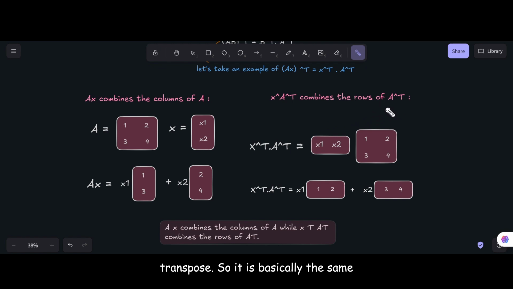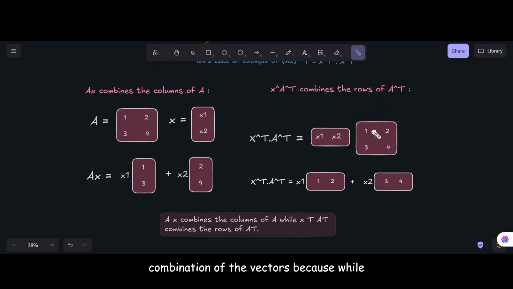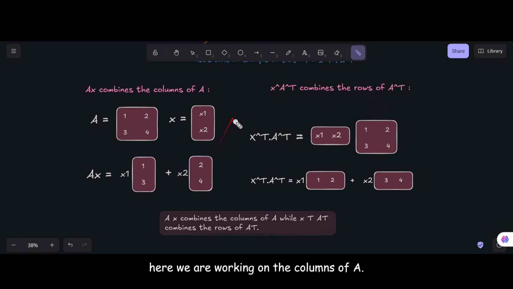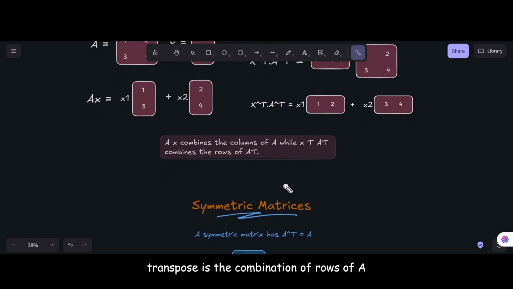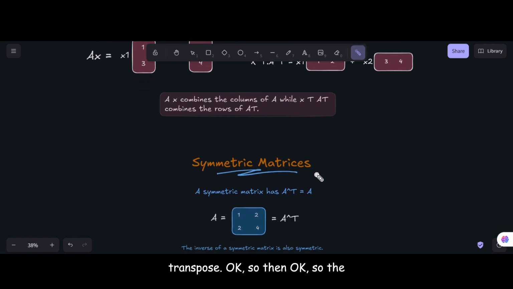It is basically the same combination of the vectors, because the rows of A transpose are the columns of A only.